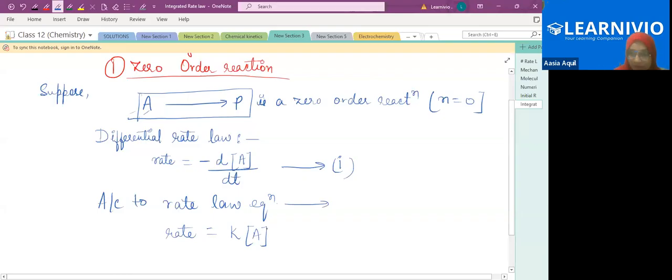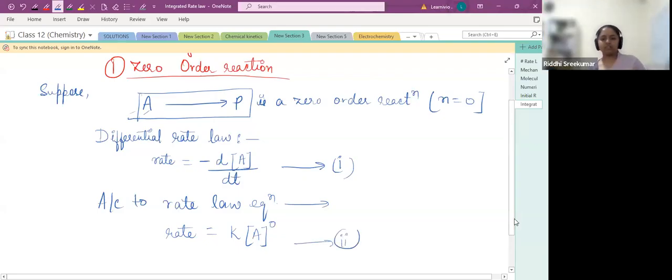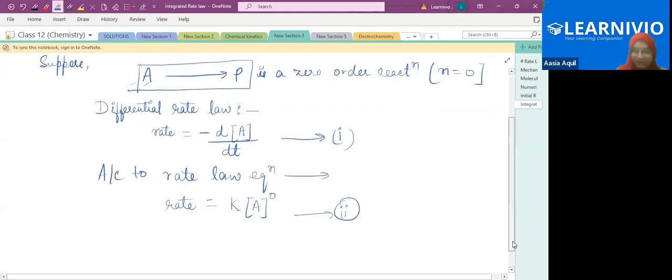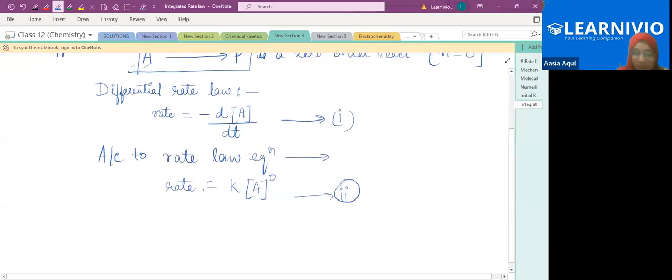So we can write zero as a power, right? Mark it as equation number two: rate is equal to K. Now from equation number one and two, what will it be?